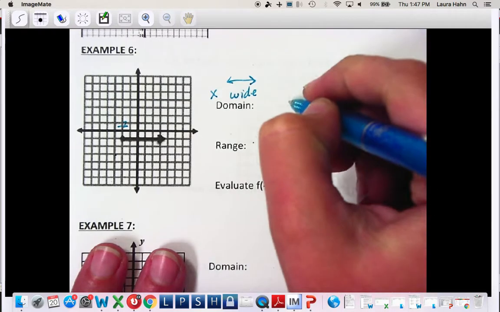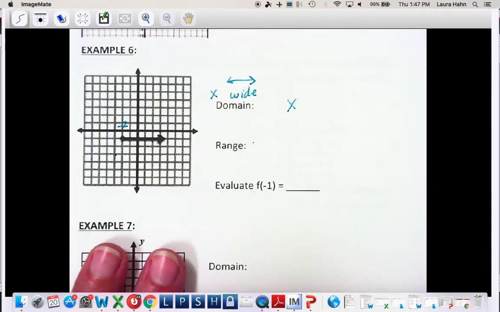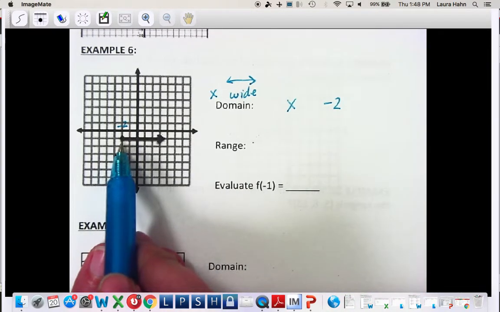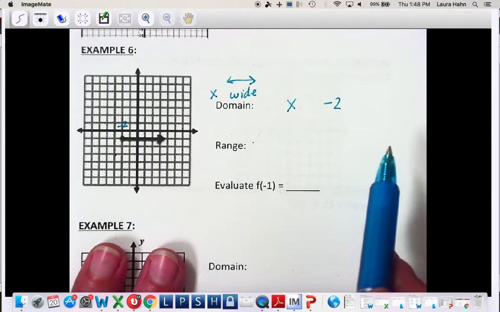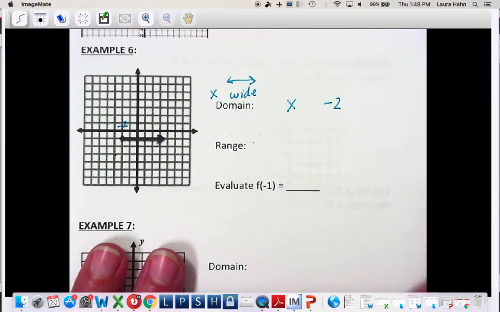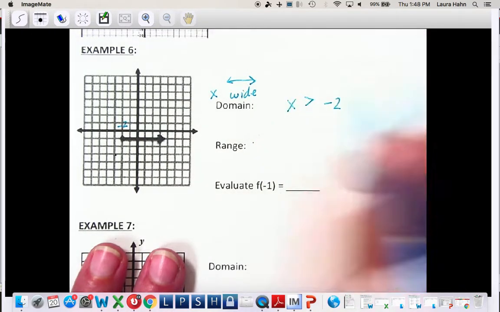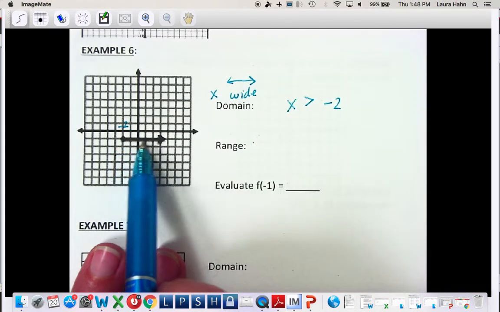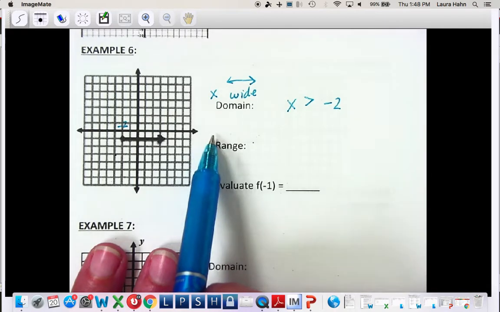I'm going to use x because domain means x. So I need a symbol that means from -2, forever going forward: greater than. All of these x values will be greater than -2.